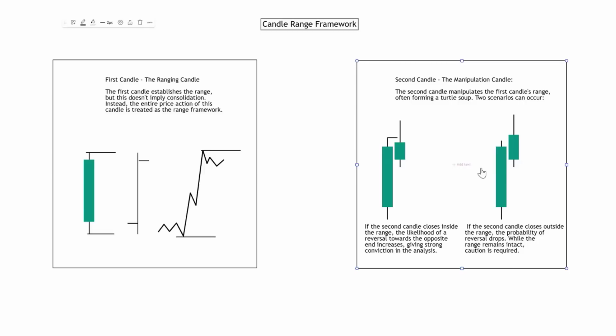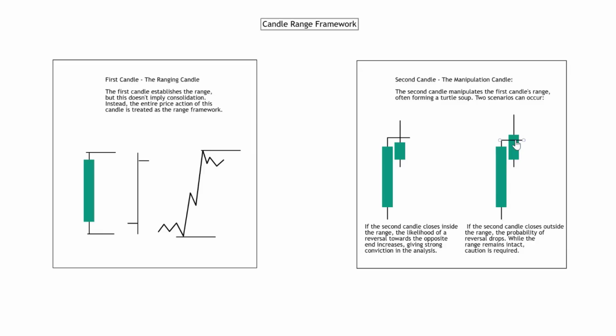Now, this simply means that when you see price closing outside the range, because this is the high of the range right now, and you see price has now closed outside this particular range, you can agree with me that when price closes above a high, that is going to be considered as a break of structure and not a liquidity sweep. In this case, this is a very clear liquidity sweep right here. But at this particular point, you see, this is just a break of structure. Price broke structure at this particular point instead of sweeping liquidity.